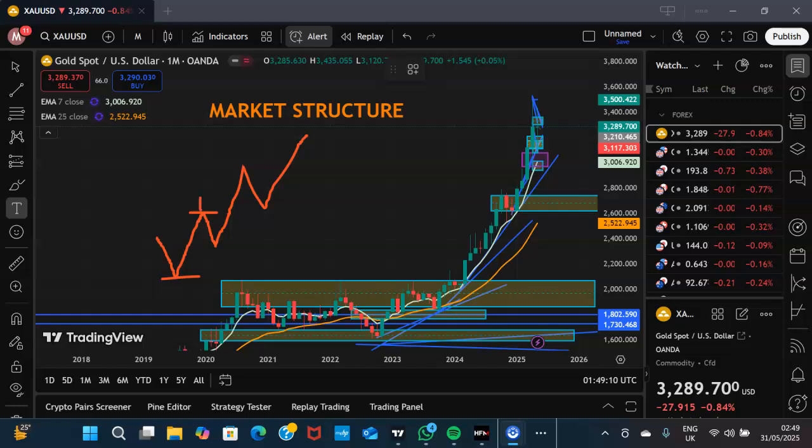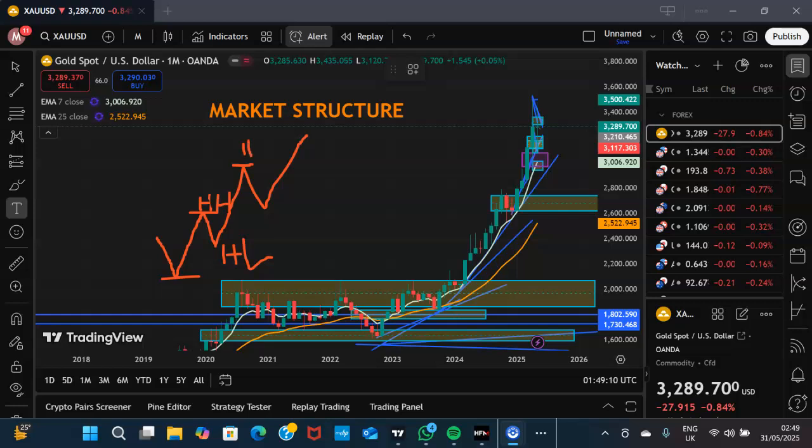Now, how do we identify uptrends? When you keep having higher highs and higher lows. The more higher highs and higher lows you have, the more bullish that trend is, and then another high, a new higher high.